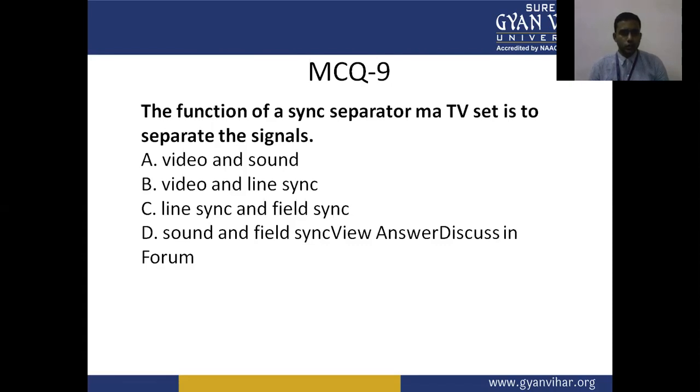Question number 9: the fundamental function of a sync separator in a TV set is to separate the signal. A, video and sound; B, video and line sync; C, line sync and field sync; D, sound and field sync.